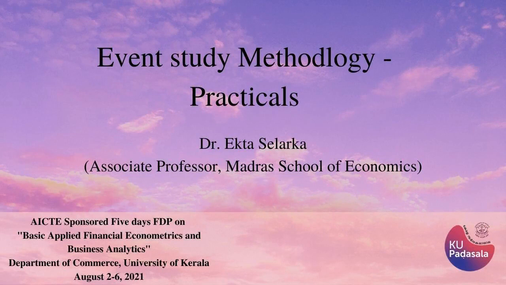So depending on the reaction, one way to understand the event study is what kind of reaction you see with respect to the particular information. What we do with respect to one firm, you can easily extend with respect to a sample of firms. Okay, so everything in a sample of firms is in terms of the average abnormal return, cumulative average abnormal returns, and stuff like that.